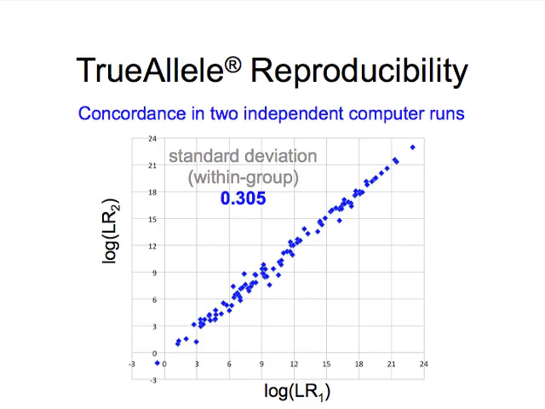TrueAllele is a statistical program in the sense that once you go beyond 2 or 3 parameters, and in TrueAllele there are hundreds of different variables expressing uncertainties, genotypes, degraded DNA, stutter, all those factors that affect what the data look like.